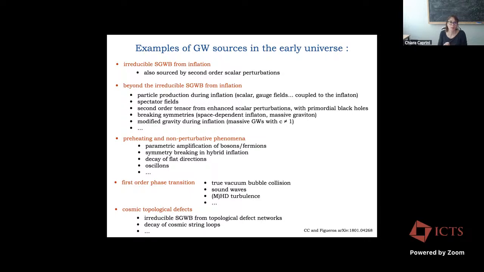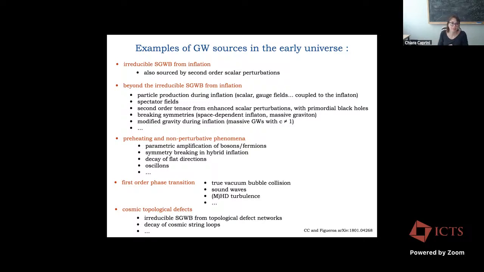So one can have parametric amplification of a boson or a fermion field coupled to the inflaton that is oscillating at the bottom of its potential. One can have some symmetry breaking associated to hybrid inflation, in which case this can give peculiar features in reheating.